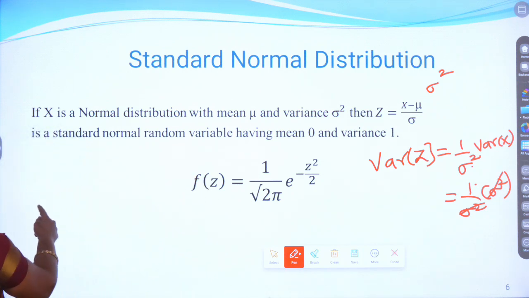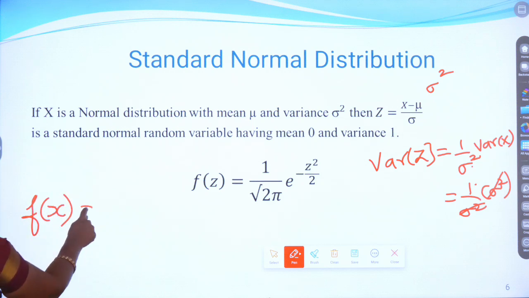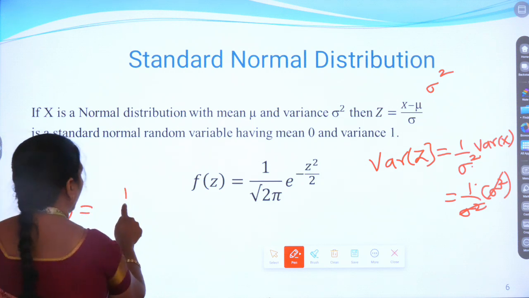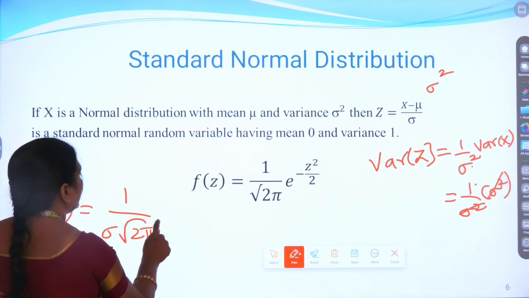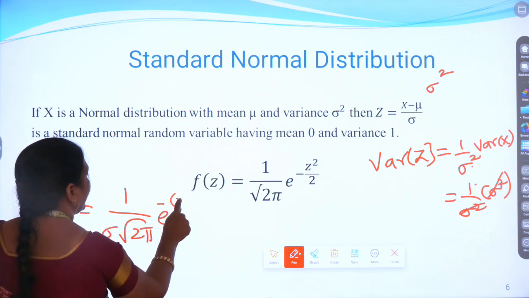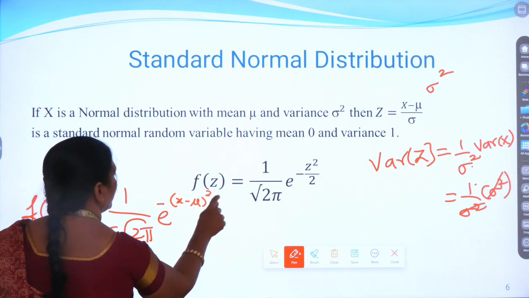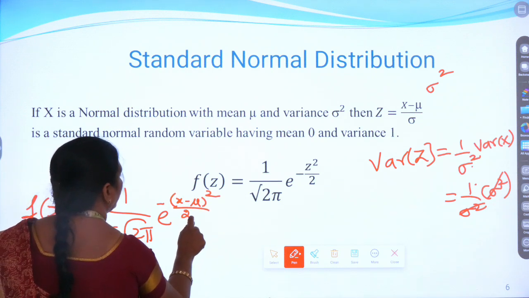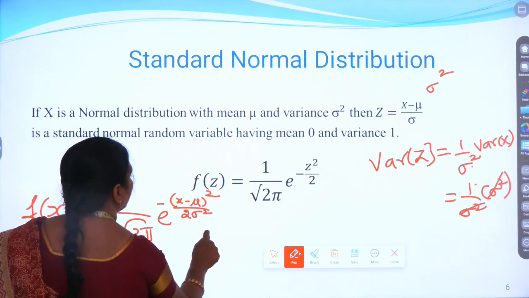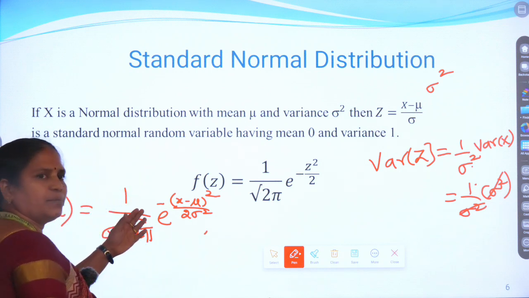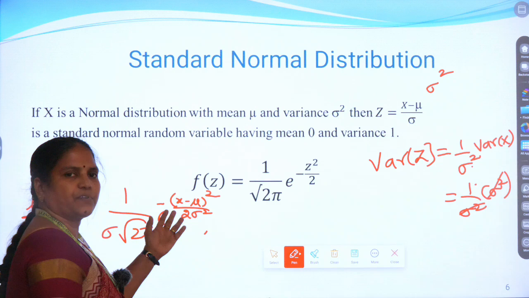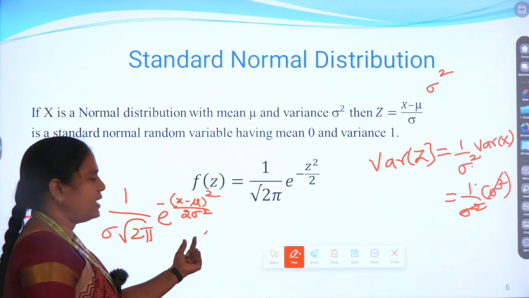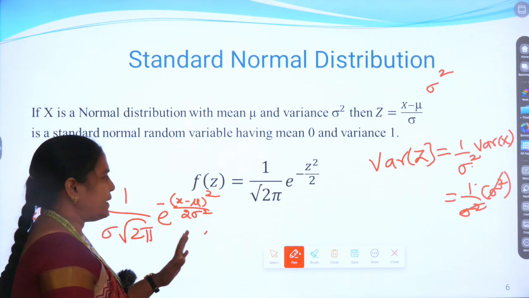Likewise, the probability density function of the normal distribution is 1 upon sigma square root of 2 pi e power minus x minus mu the whole square divided by 2 sigma square. You know the ranges: x varies from minus infinity to plus infinity, mu varies from minus infinity to plus infinity, and the value of sigma should be greater than 0.